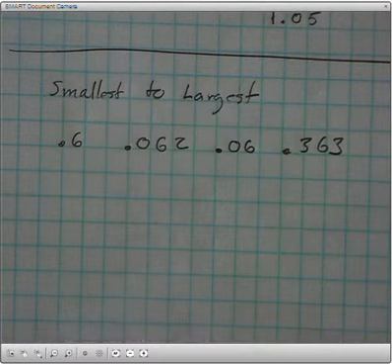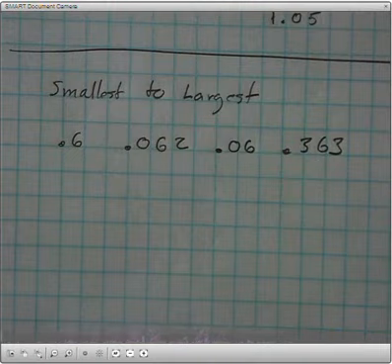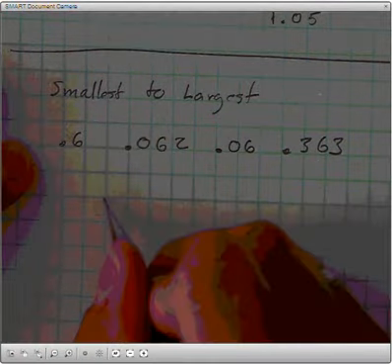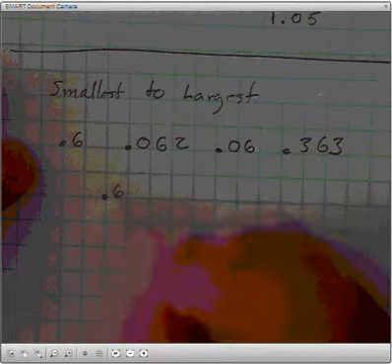When we classify, or when we order these from smallest to largest, we're going to do this the exact same way we compared two decimals. We're first going to line up the decimals vertically.